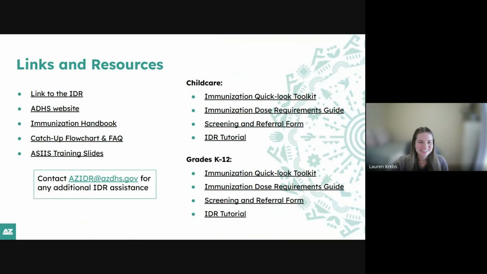Some additional links and resources: we have a handbook, our flow charts, little toolkits, the screening and referral form for you guys. We have tutorials. We have ACEs training slides if that's something that you're using to look up your immunization records as well.